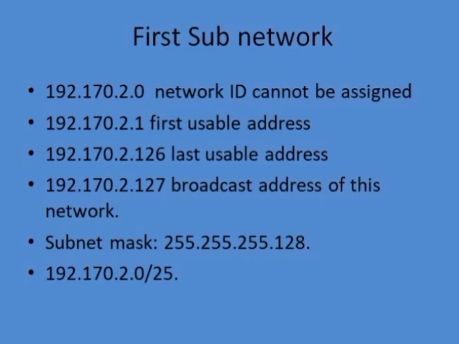Now the first address of the first subnetwork, that is 192.170.2.0, will be 192.170.2.1. We call it the first usable address.